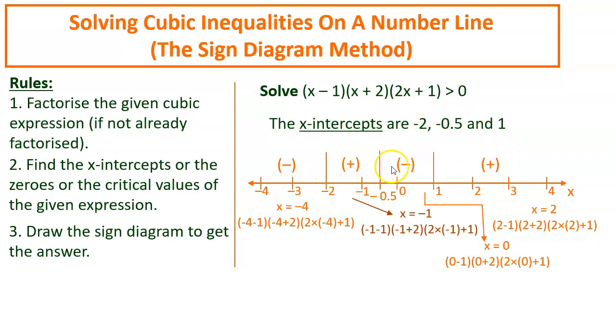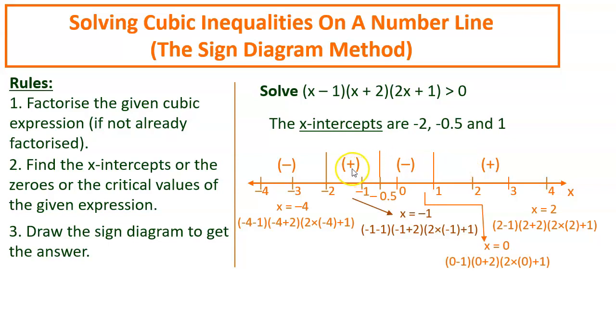They divide the whole number line into different subparts. For a quadratic inequality, we had at most 2 x-intercepts. So the number of subdivisions that we had for a quadratic inequality was equal to 3. In this cubic inequality, the maximum number of x-intercepts that we can have is 3. So the whole number line is getting divided into 4 subregions.